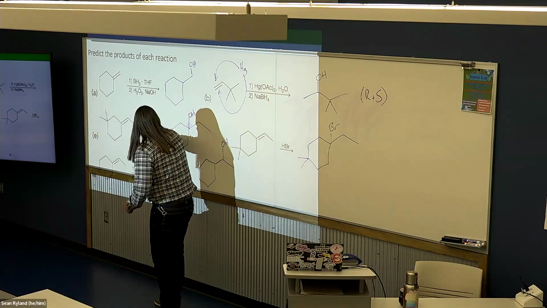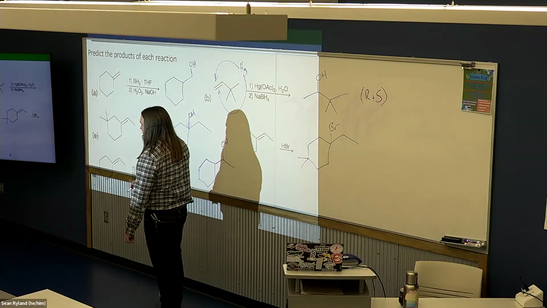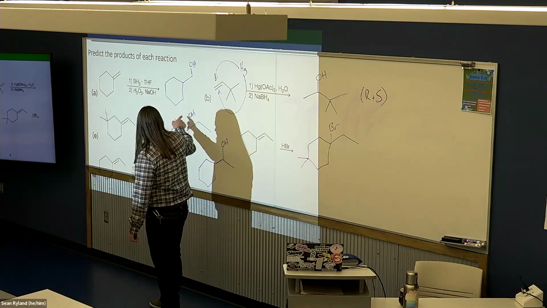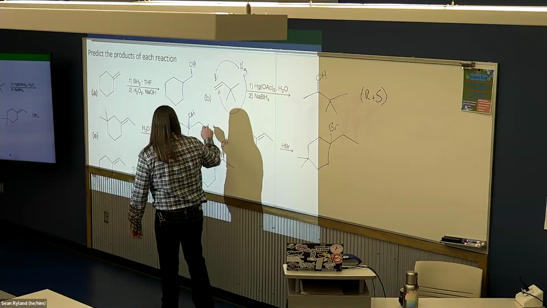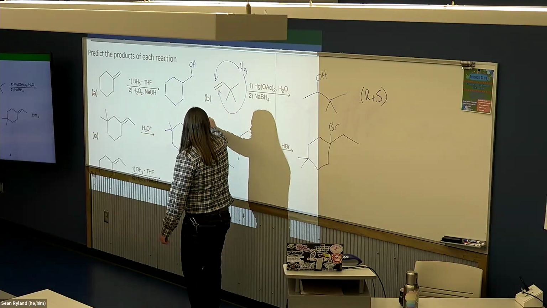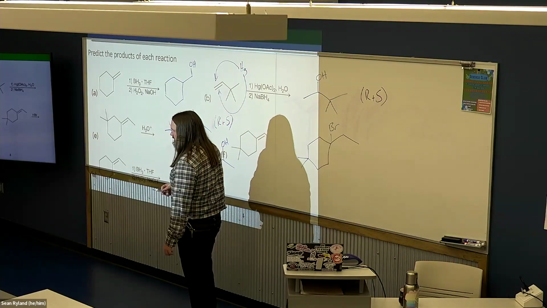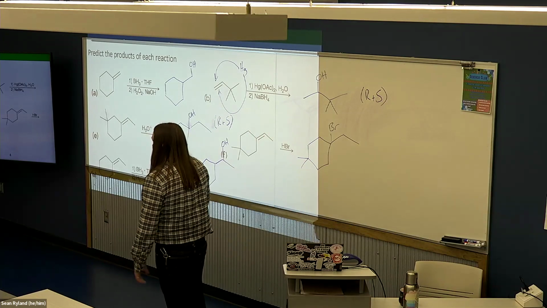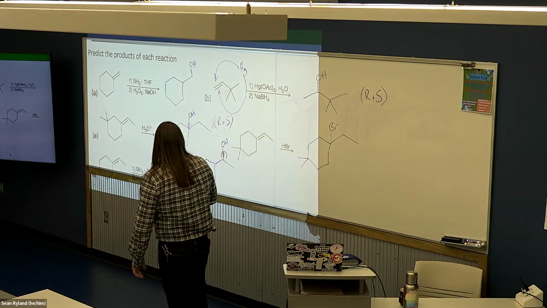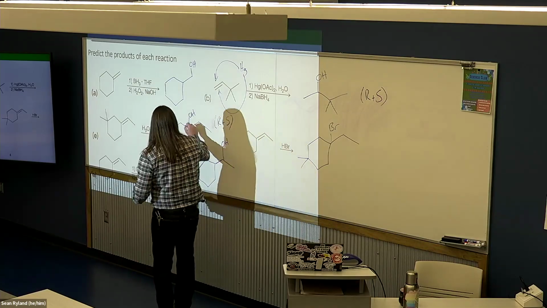So if it was that, now it's not a stereo center because it's the same both ways around the ring. But here we are making a stereo center, so if you do that, you can just write R plus S. If we had plenty of time and lots of space, we could write it out.